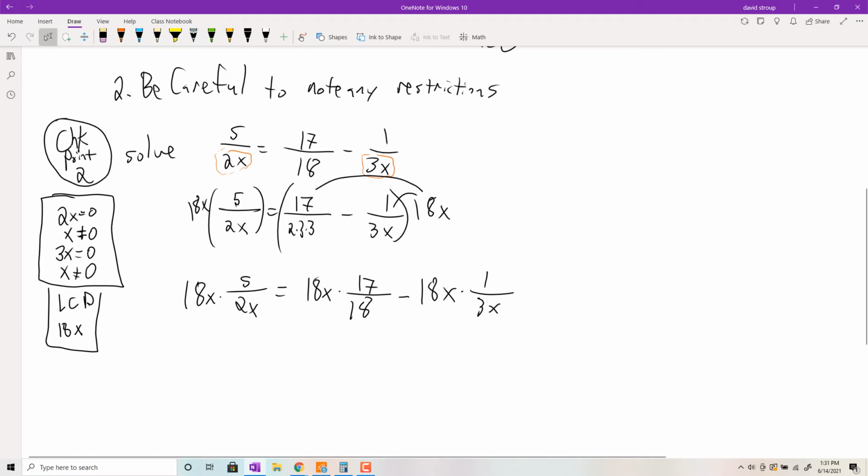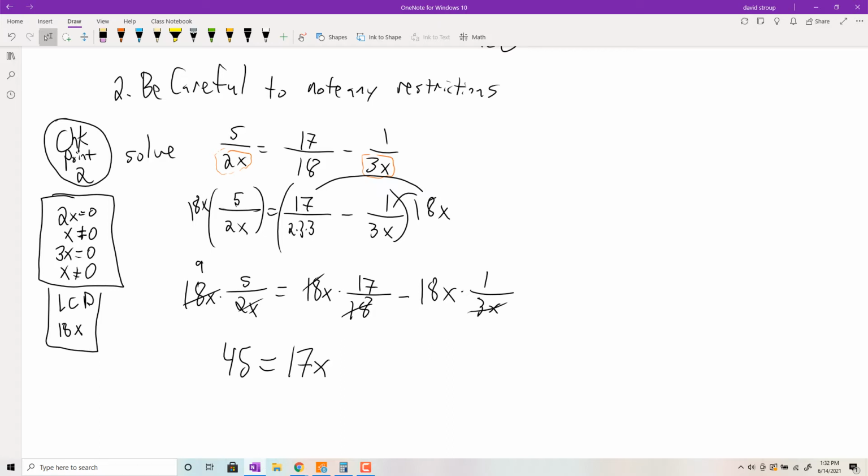The 2x will go into 18x 9 times, so 9 times 5 is 45. On the right side, 18 goes into 18 one time, so you'll just get x times 17, or 17x. Here you get 3x, and the 18x is 6, so minus 6 times 1 is just minus 6.